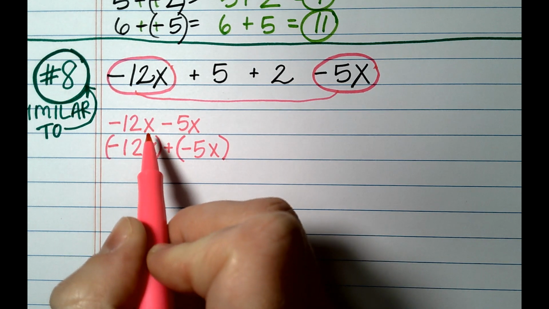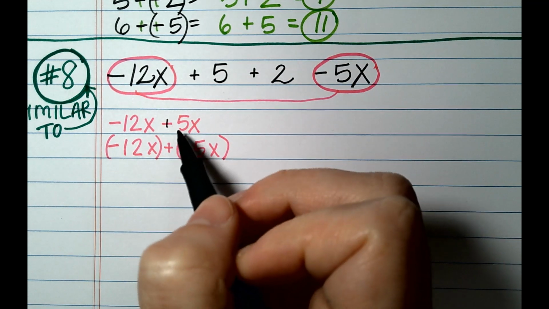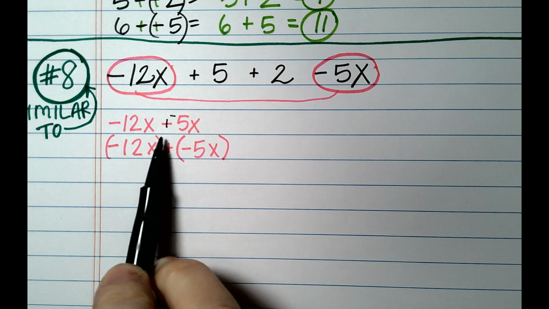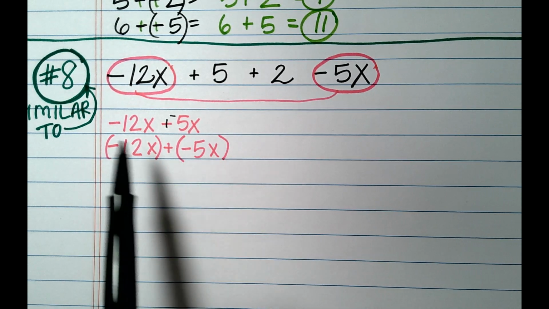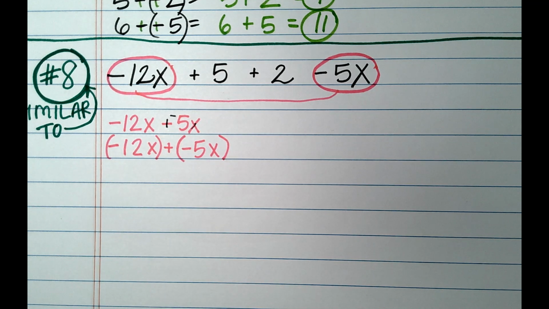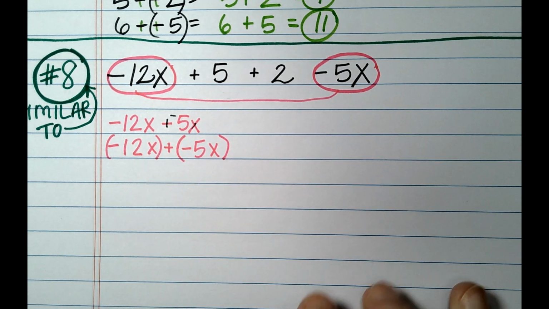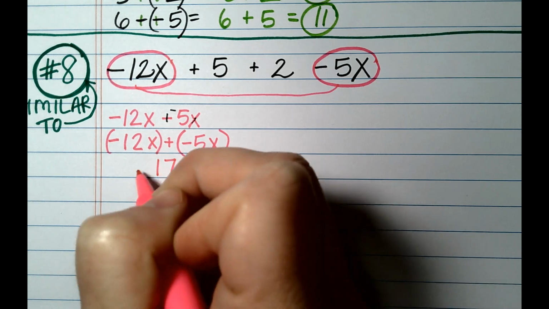This is also the same if we did the keep change with subtraction. Negative 12x, keep that the same. Change the minus to a plus. Change positive 5x to negative. Negative 12x plus negative 5x. We see that? So whenever we subtract from a negative, like we're doing here, our number is going to become a bigger negative. So what is negative 12x plus negative 5x? Now what sign does that have?